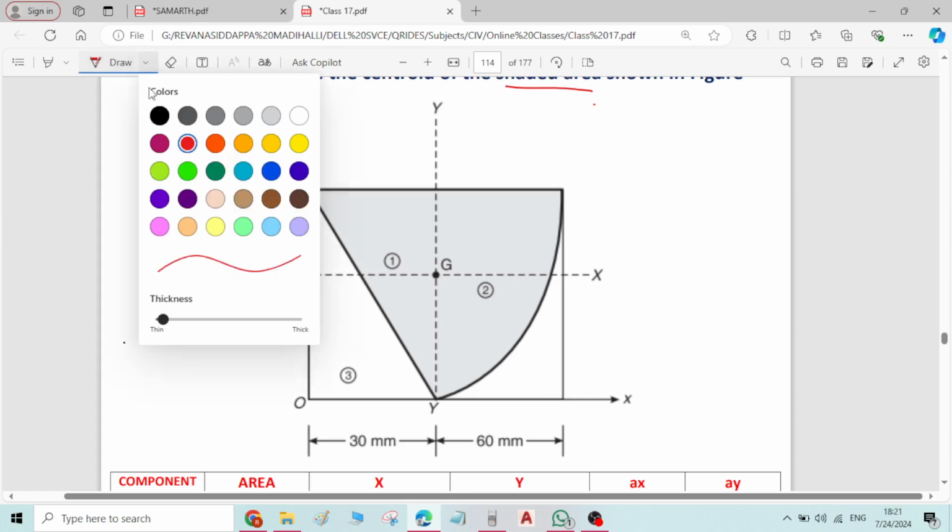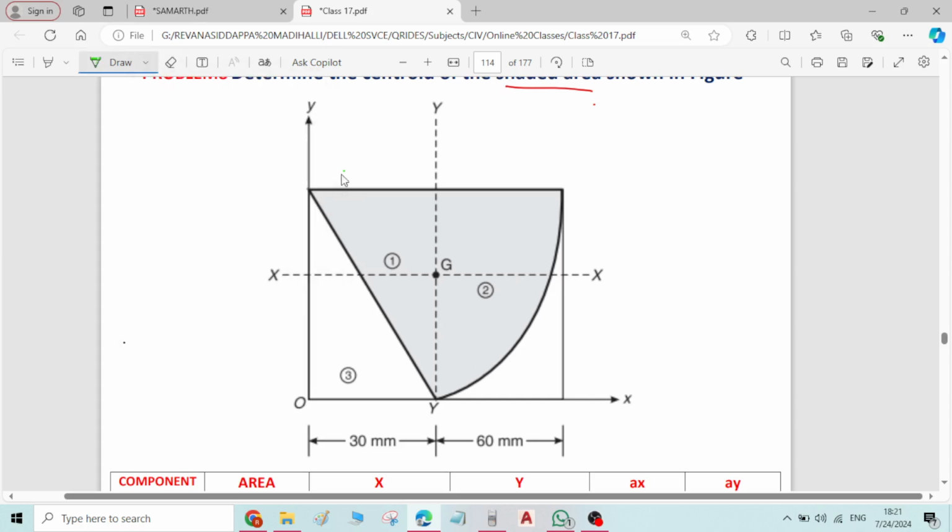we can take this rectangle as component number 1. Then this quadrant of the circle we can take as component number 2.